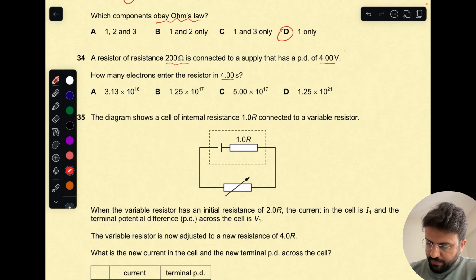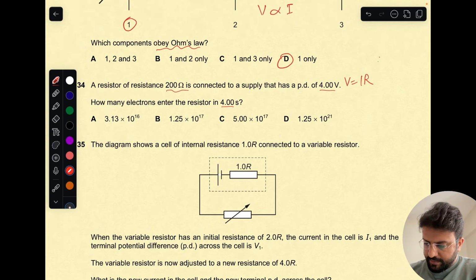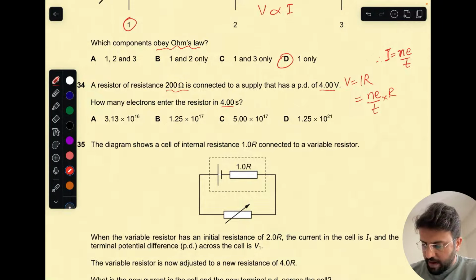We have a relation V is equal to I into R, and I can be written as total charge, which is the number of electrons multiplied by the charge on 1 electron, divided by T. So it will be N into E divided by T, multiplied by R. You have to find N, so N is equal to V, T will be multiplied when going there, and divided by E and R.